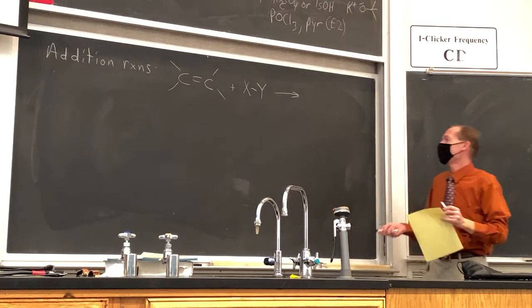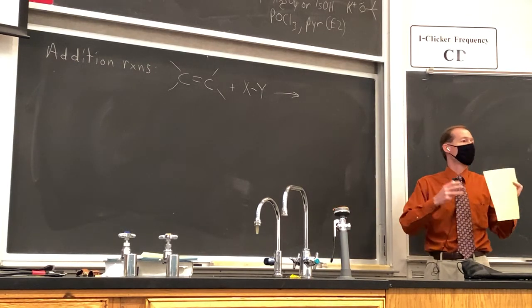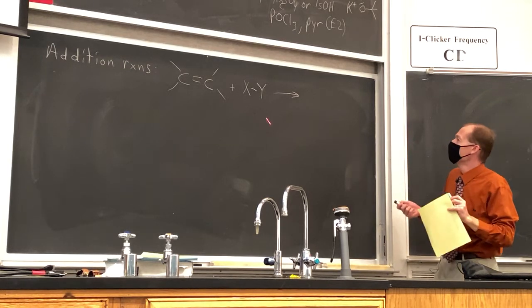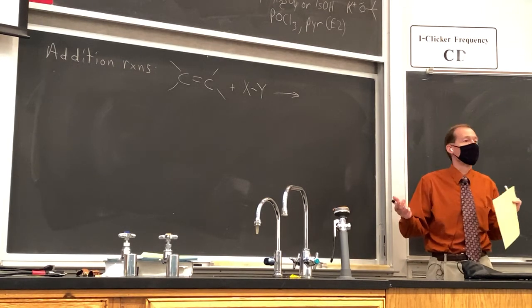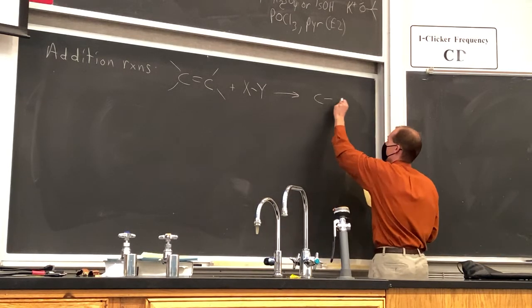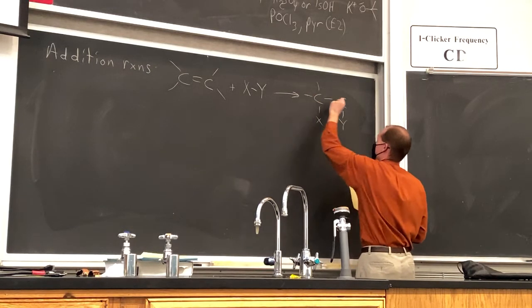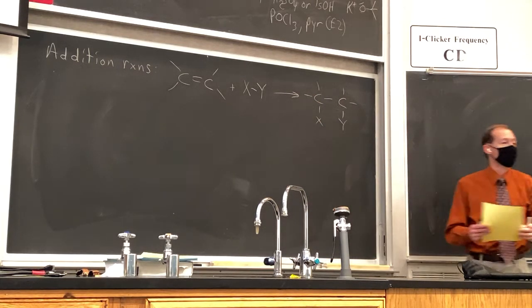And we're going to add the elements of X and Y across the double bond, meaning that we're going to break the double bond. And X is going to attach to one carbon, and Y is going to attach to the other carbon. So we'll get a product looking like this.